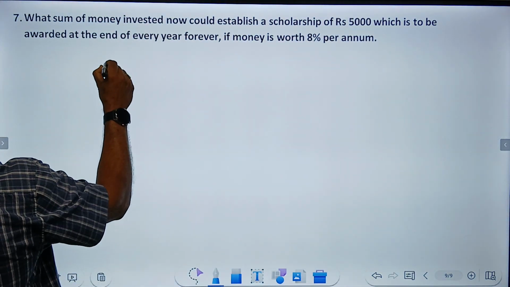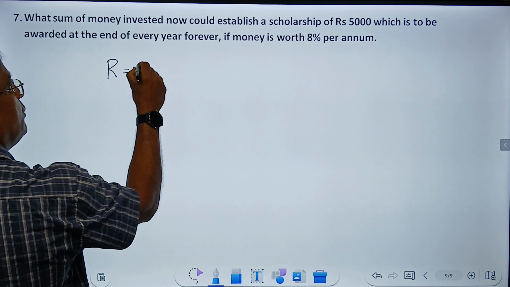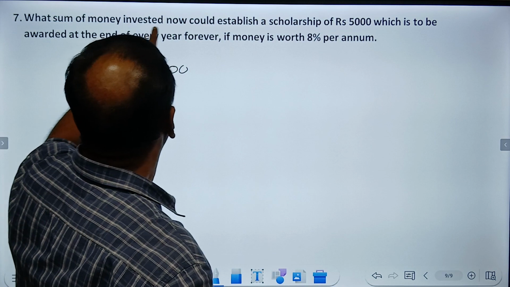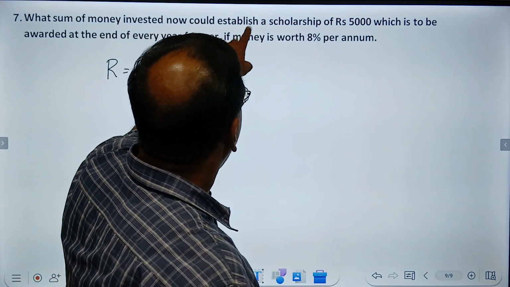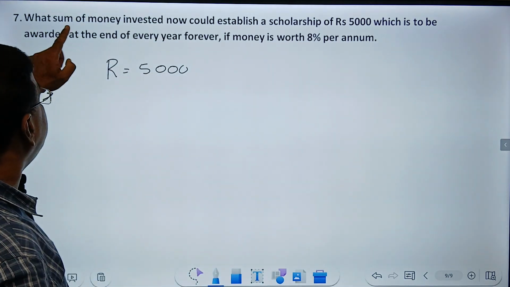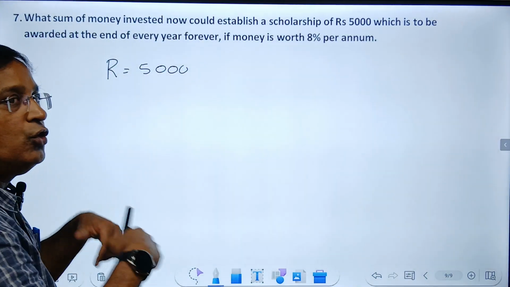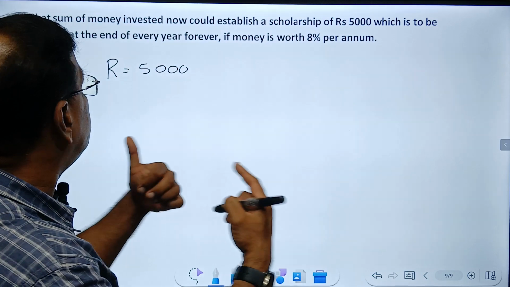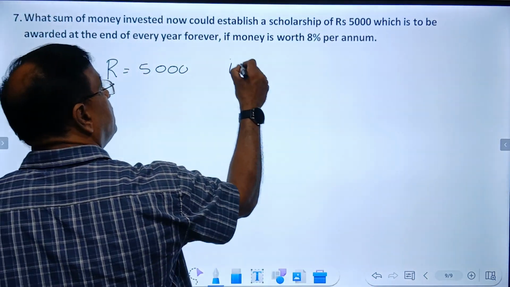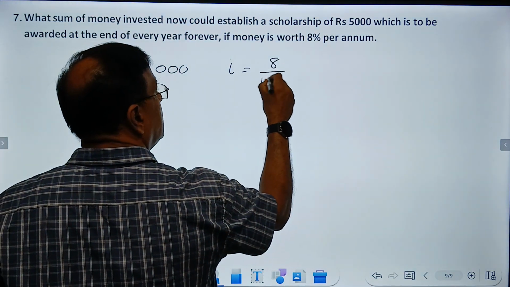And R is given. How do I know it's R? Because the sum of money invested now would establish a scholarship of 5,000 awarded at the end of every year. That 5,000 is going to be awarded periodically every year forever at an interest rate of 8 by 100.